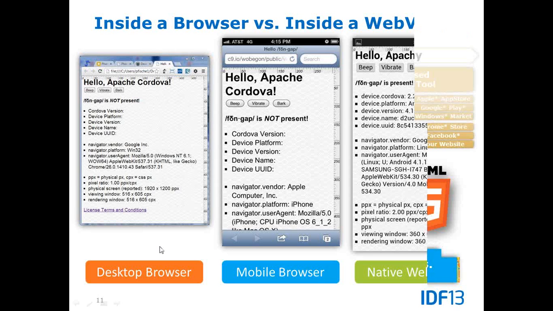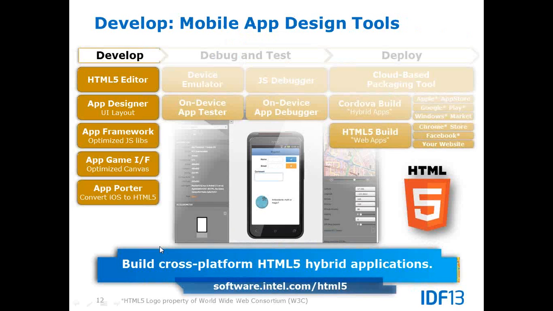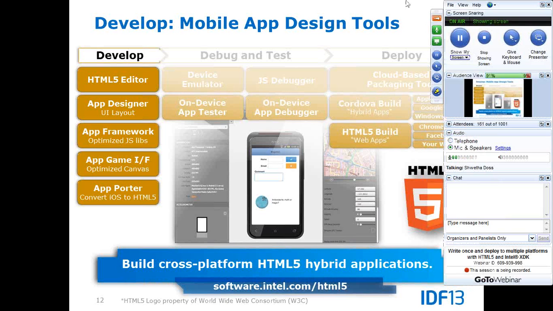Without any further ado, now let's dig down into the Intel SDK and see how we can develop applications using the SDK tool. The first step, I'll dive into developing the application.